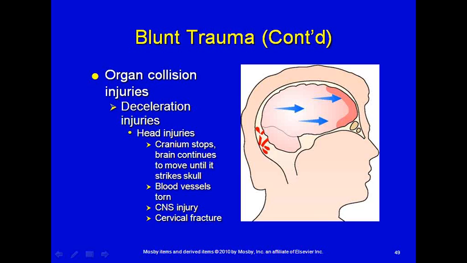If you smack your head on the windshield, well, then you're going to have trauma there, but then the brain is still going 65 until it's acted upon by some outside force, which would be the inside of your skull. So it slams onto the inside of your skull, causing a bleeding or bruising of the frontal part of the brain. However, in doing so, when it slides forward, it stretches and tears the vasculature, vessels and things on the back side of the brain, causing a contrecoup injury.